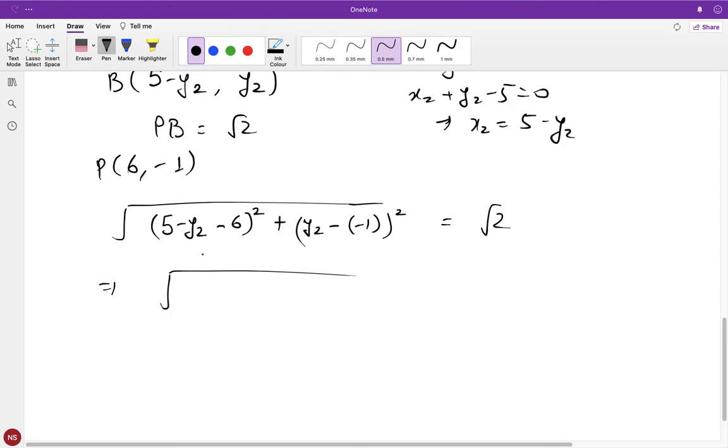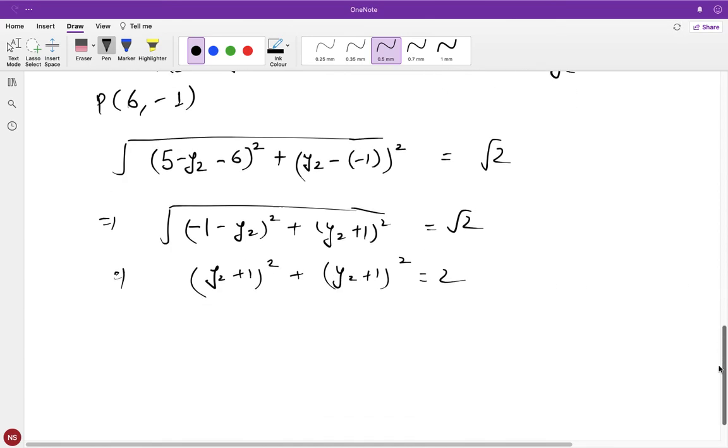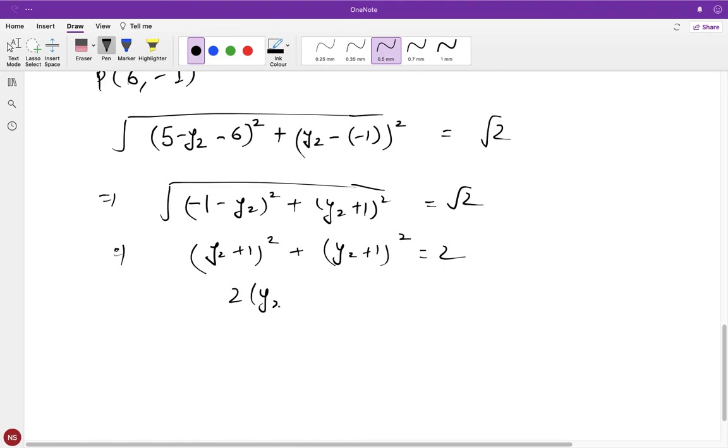Square root of 5 minus 6 is minus 1 minus y2 whole square plus y2 plus 1 whole square. Take squares on both sides, so this will be y2 plus 1 simply. This is also y2 plus 1 whole square is equals to 2. So 2 times y2 plus 1 whole square is 2, or y2 plus 1 whole square is equals to 1.